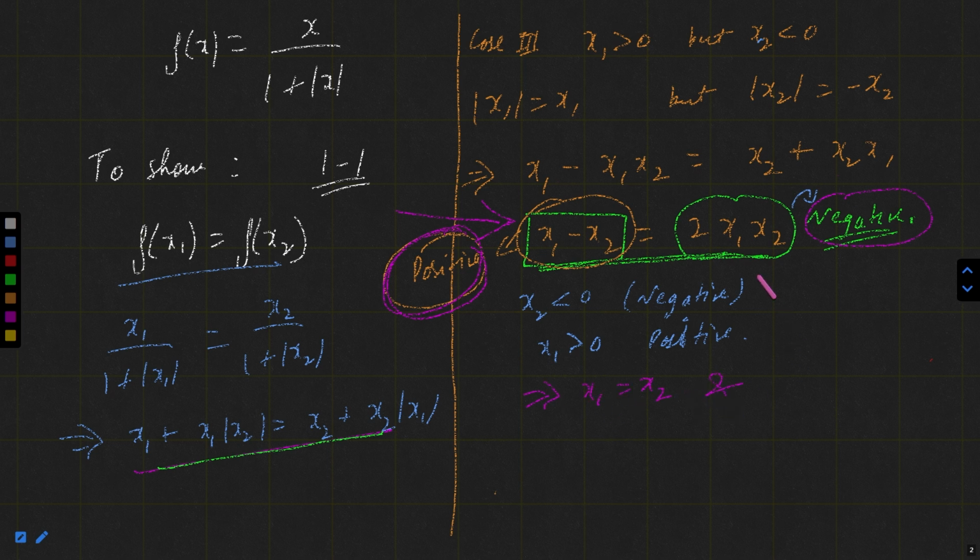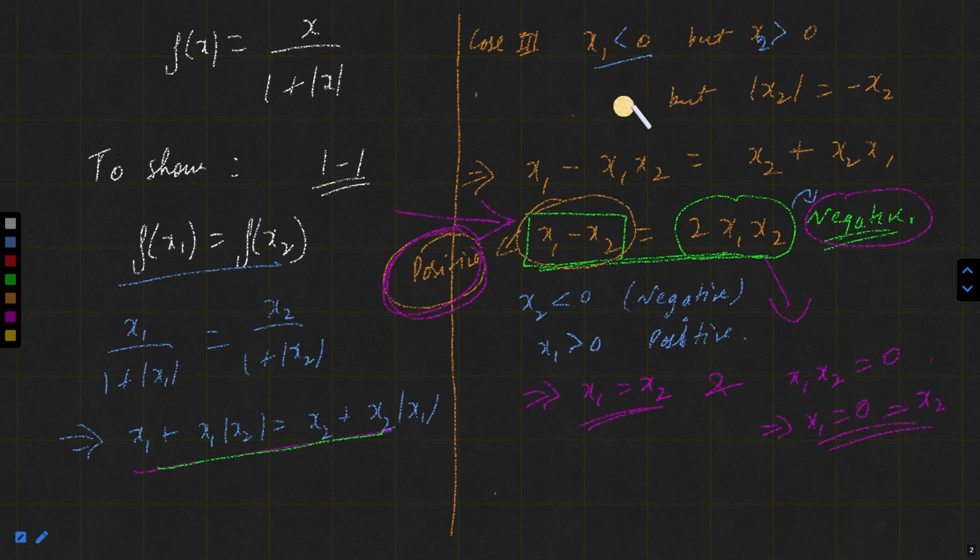And from this side I can say that x1 x2 is equal to 0, so x1 is equal to 0, and I can also say that x2 is equal to 0. The fourth case is the same, when x1 is negative but x2 is positive.